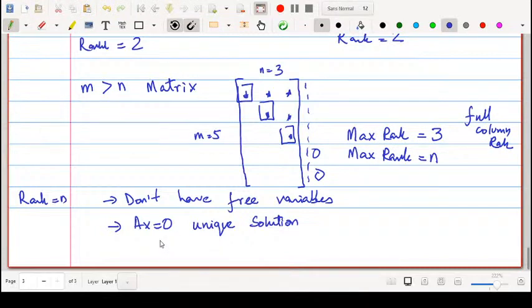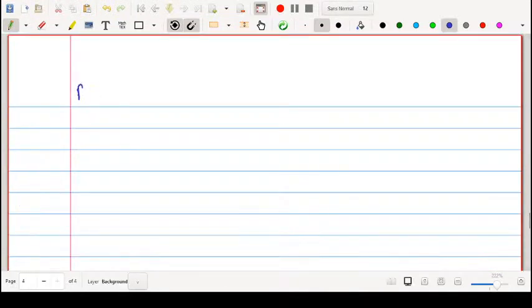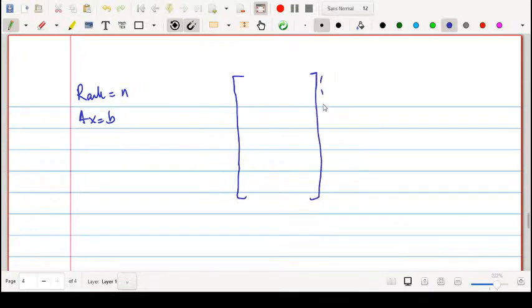Now, what about Ax equals b? So rank is equal to n, and I'm talking about Ax equals b. We have this tall sort of matrix, and let's say we augmented the right hand side and we're done with elimination, and there were some entries here, some entries here, some entries here.